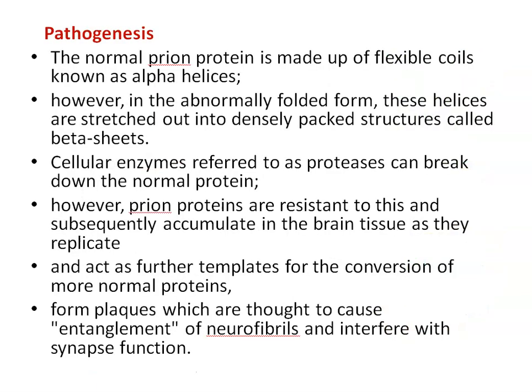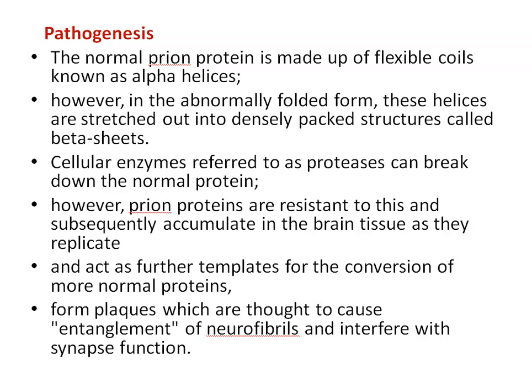Now, pathogenesis means how it causes disease. Normal prion protein is made up of flexible coils known as alpha helices, as you have seen in the previous slide. However, in the abnormally folded form, these helices are stretched out into densely packed beta sheets. Now, listen.